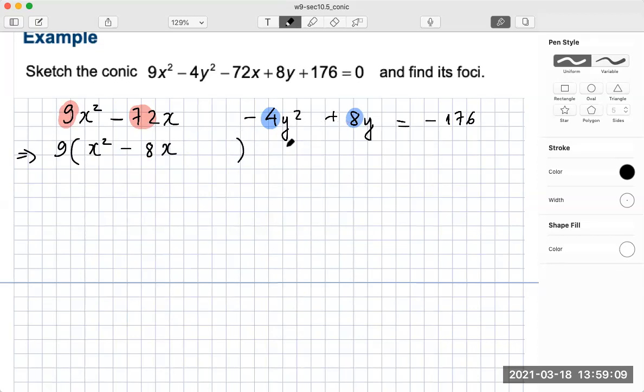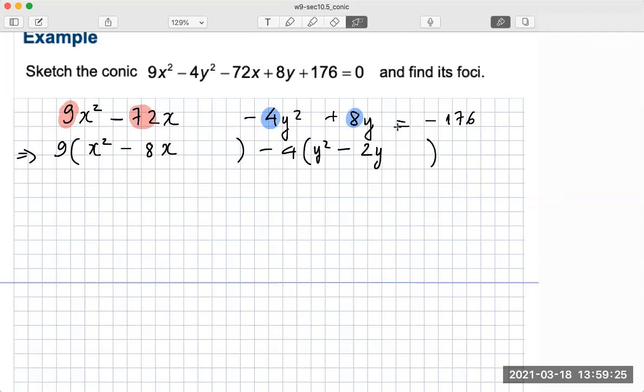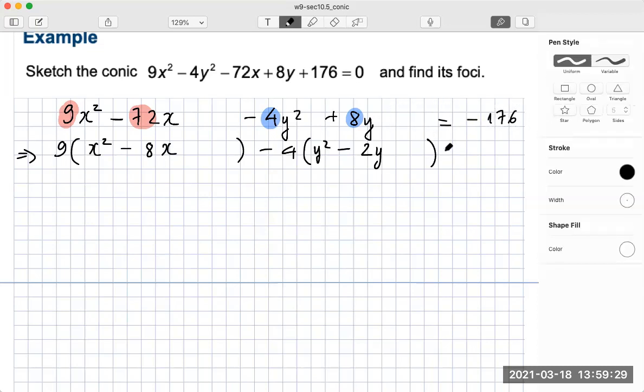And if we factor negative 4 out, inside will be, be careful with the negative sign here. It's very tricky. And the right-hand side is negative 176. Okay?